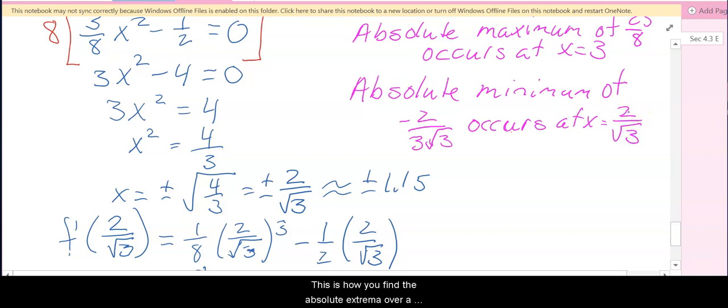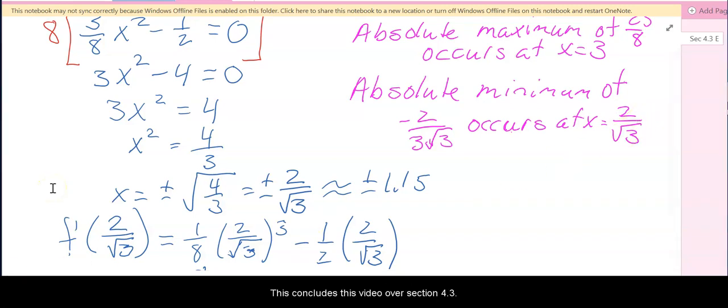This is how you find the absolute extrema over a closed and bounded interval. This concludes this video over section 4.3.